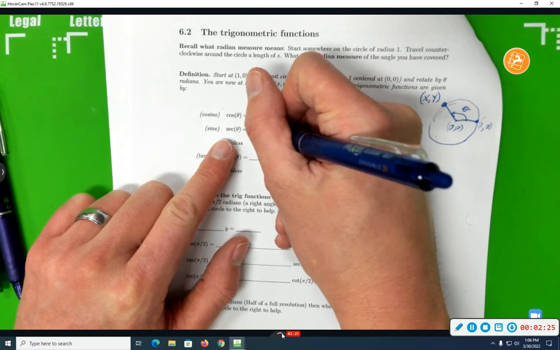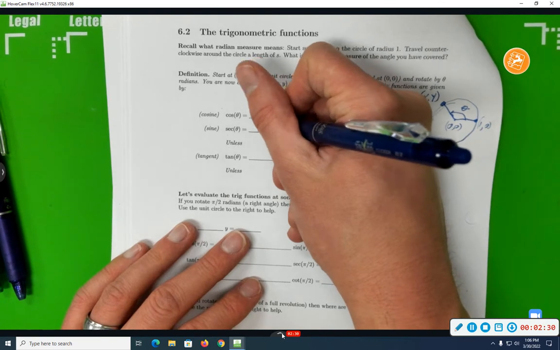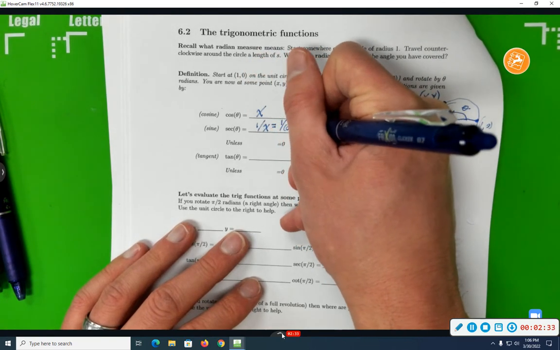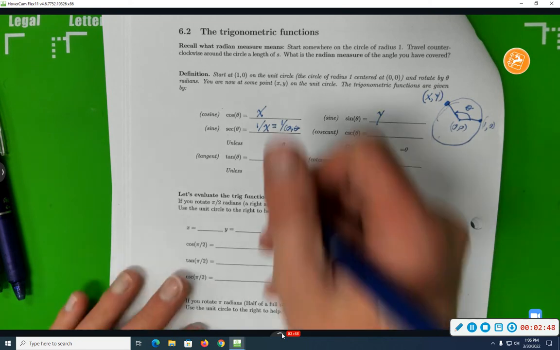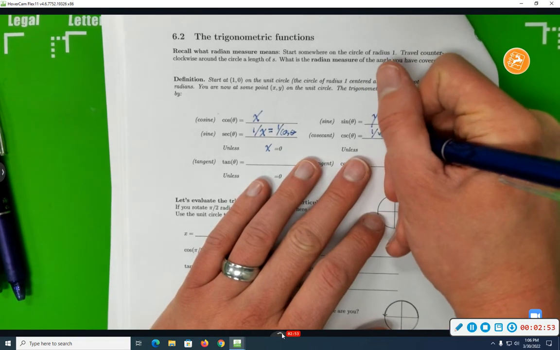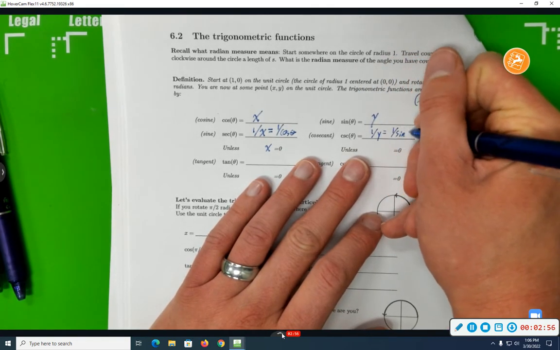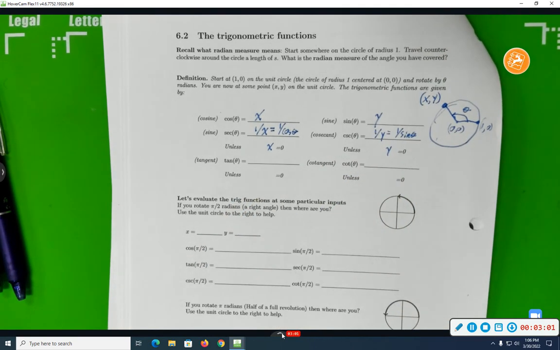Secant of theta is 1 over x, the same as 1 over cosine of theta. Of course, something bad can happen. What can you never have in the denominator? 0. When 0 is in the denominator, this is not defined. Cosecant of theta is 1 over the y-coordinate, also known as 1 over sine theta, unless you divide by 0, then it's undefined.